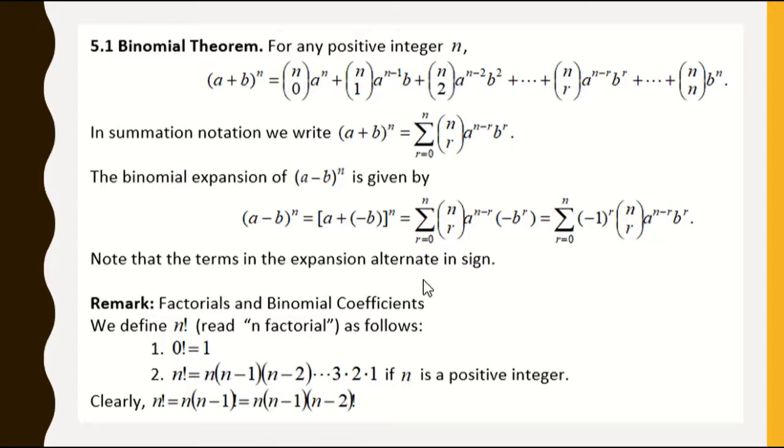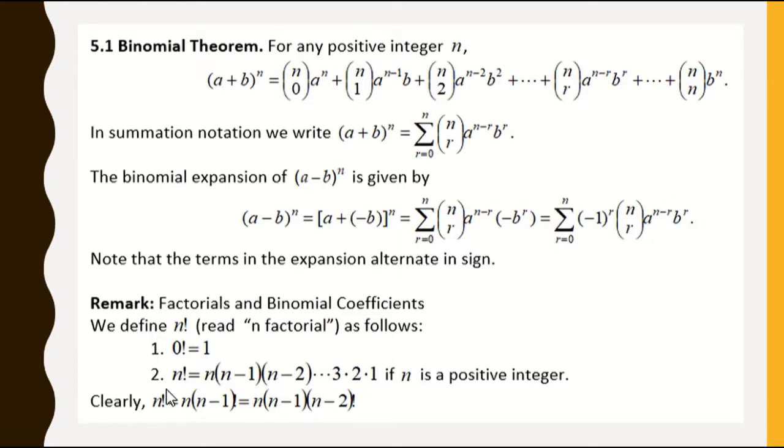Factorials and binomial coefficients. We define n factorial, read as n factorial, as follows. 0 factorial is equal to 1.